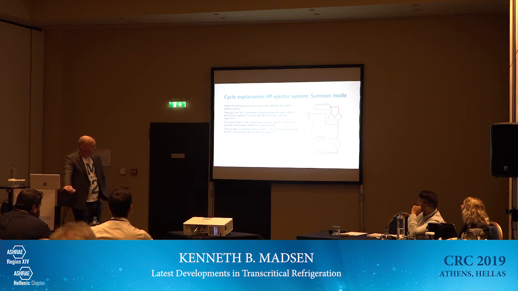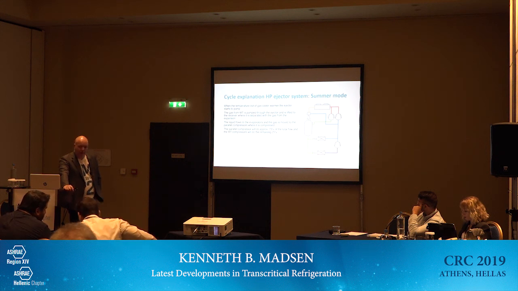In summer mode, suddenly there's more energy available for the ejector. That means that the ejector starts to pump. And we are approximately taking 50% of the gas going to the MT compressor, putting it through the ejector. Then it lands up in the receiver, where the parallel compressor is taking it.